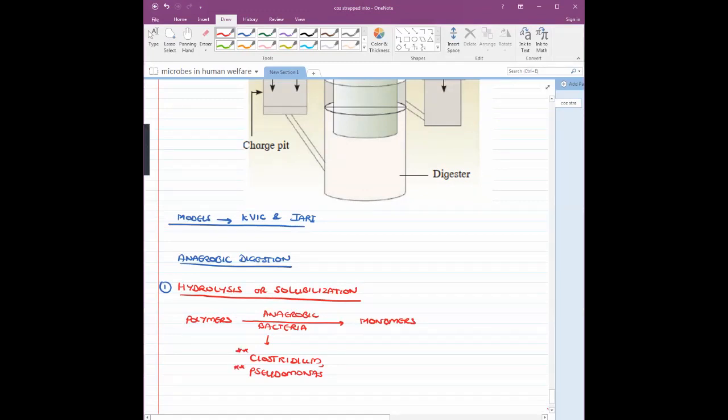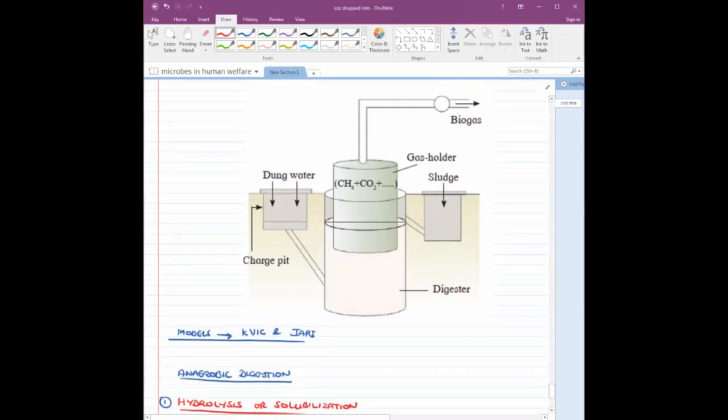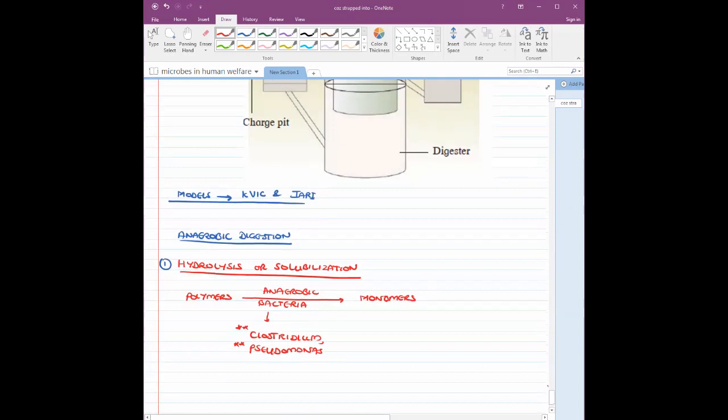Okay, fine. So now what is going to happen, guys? Whatever we added into this slurry, like the dung water and the agricultural waste, those larger molecules, the polymers, are first converted into monomers in the presence of anaerobic bacteria, that is, Clostridium and Pseudomonas. That's it. And if we talk about monomers, what are the monomers basically?